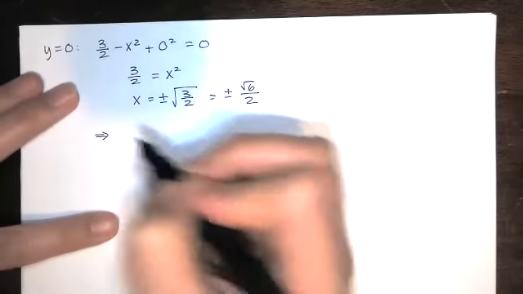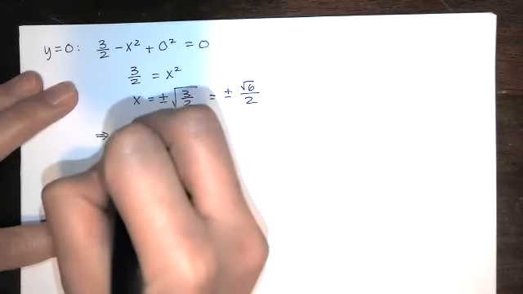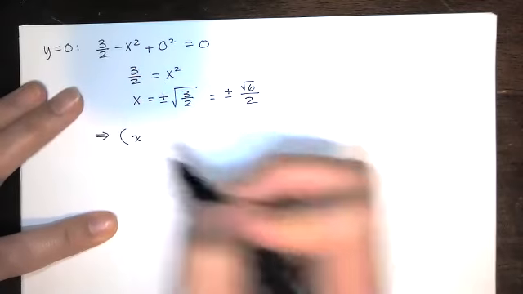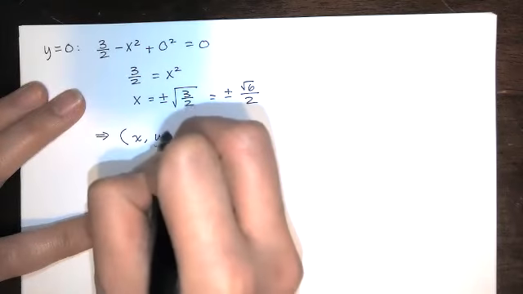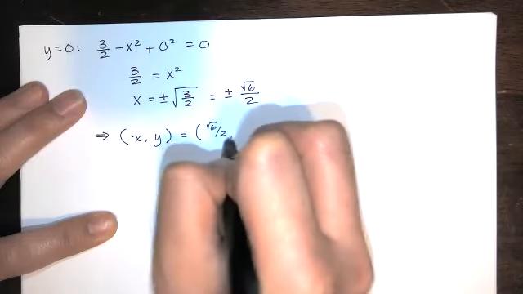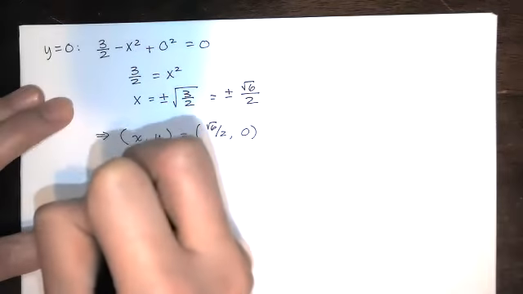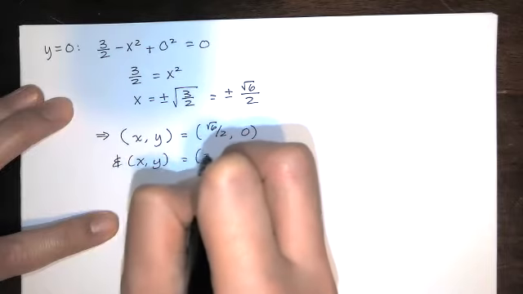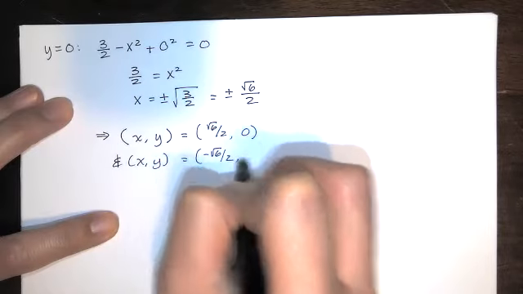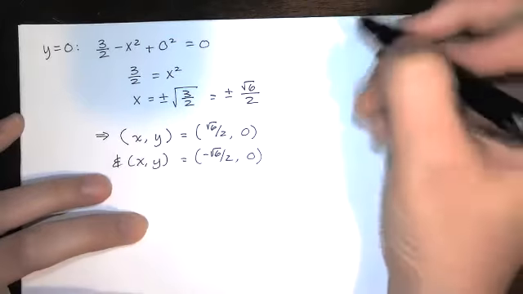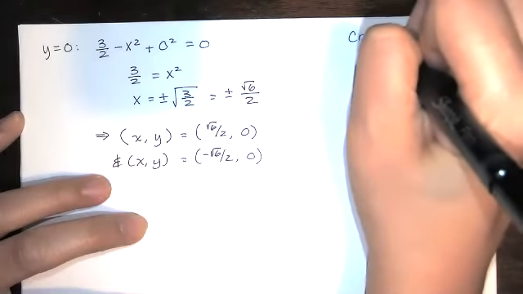Okay, in this case, we have 2 more critical points. X is equal to positive square root of 6/2 when y equals 0. And x is equal to negative square root of 6/2 and y equals 0. Okay, so we actually have a lot of critical points to test.